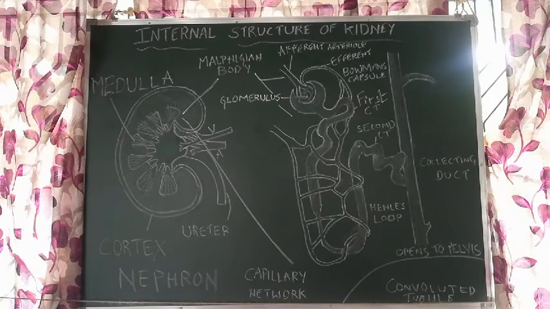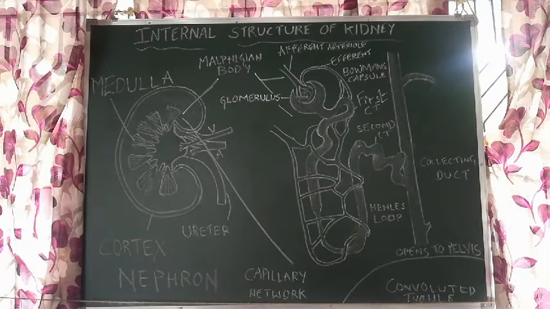So, in this way the pH of urine gets acidic. Okay, the urine becomes concentrated because of all these ions and waste products, and its pH also becomes low, means acidic pH. That is why our urine is acidic.